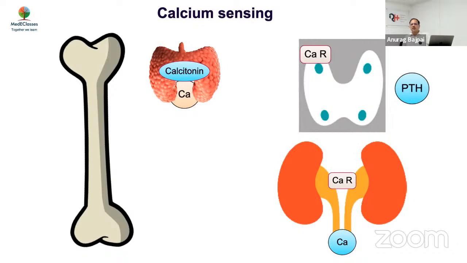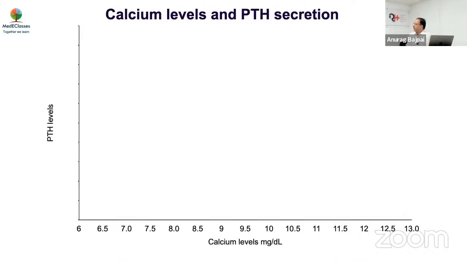So this will be the inactivating mutation of the calcium sensing receptor, which will cause hypercalcemia with hypocalciuria, which is quite the opposite of the activating mutation, which causes hypocalcemia with hypercalciuria. So calcium sensing receptor becomes important. And as we have discussed, there is a sinusoidal relationship between the PTH levels and the calcium.